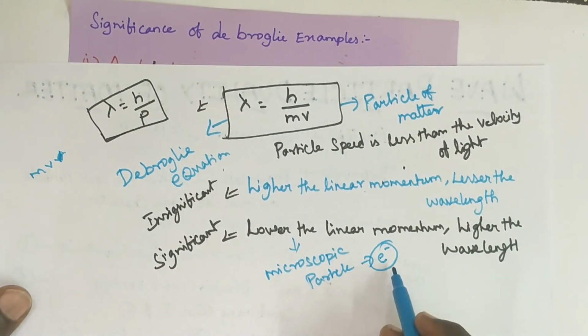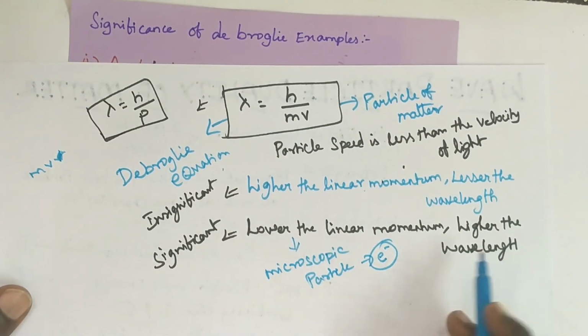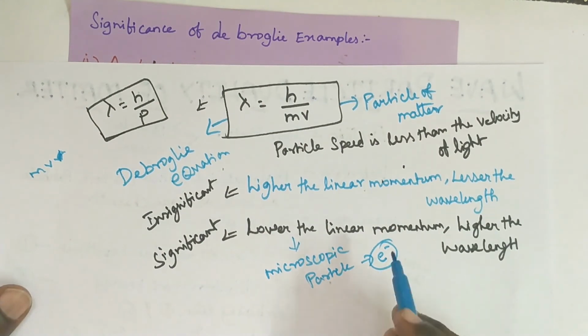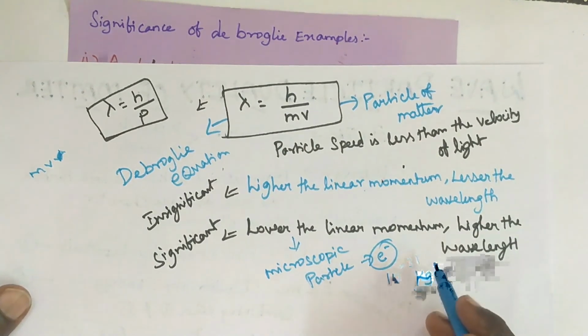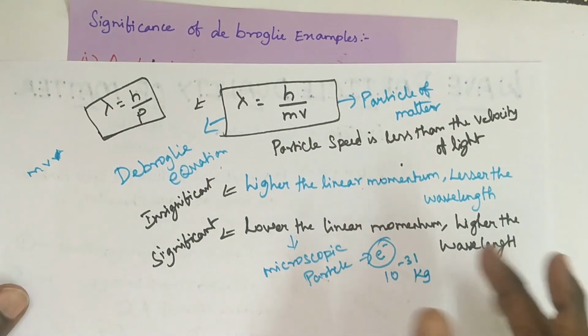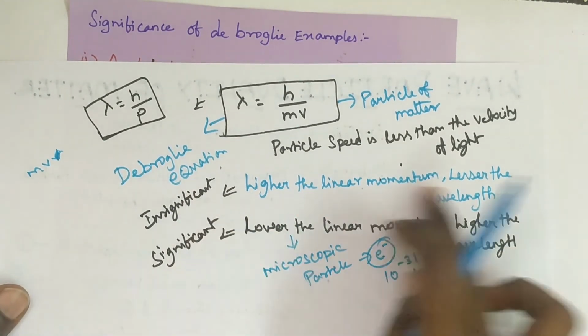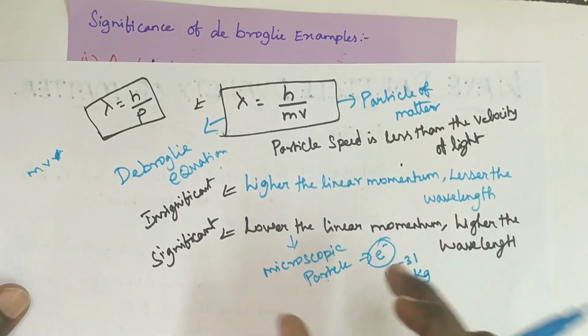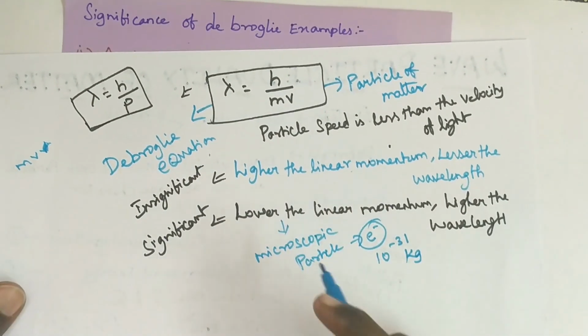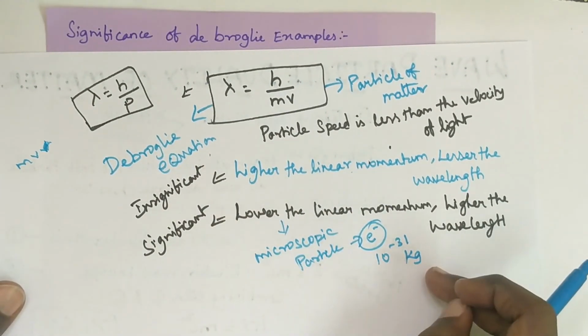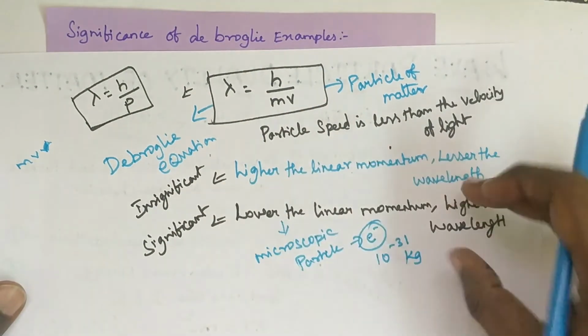In terms of the electron, the wavelength will be higher because the mass of the electron is very small, 10 power minus 31 kilogram. So automatically the wavelength becomes larger than the size of the atom. This is the significance of the de Broglie equation. If they ask in the board examination to write the significance of the de Broglie equation, you have to write this.